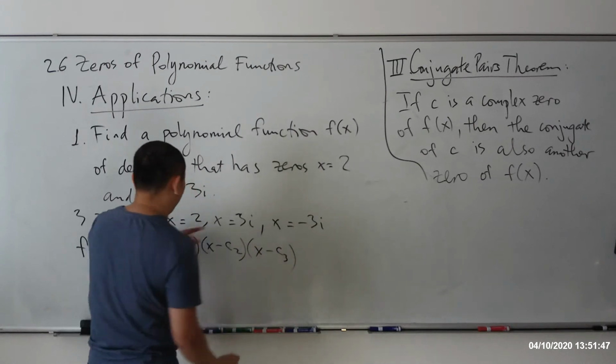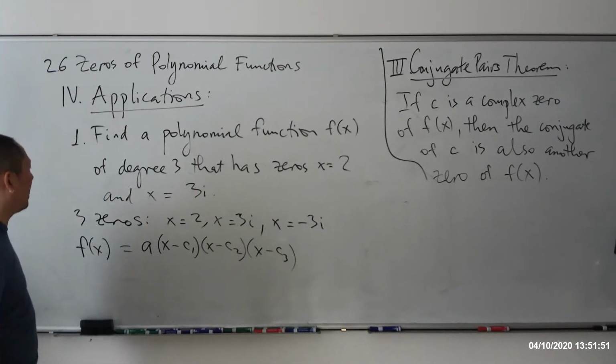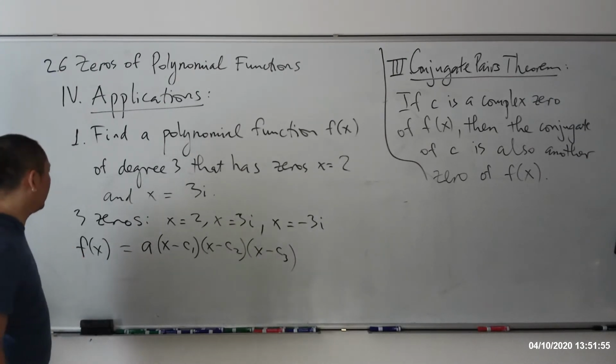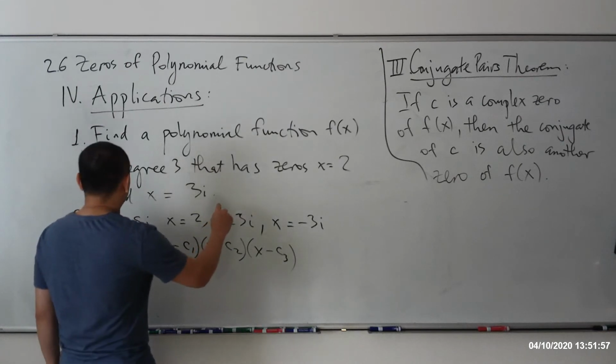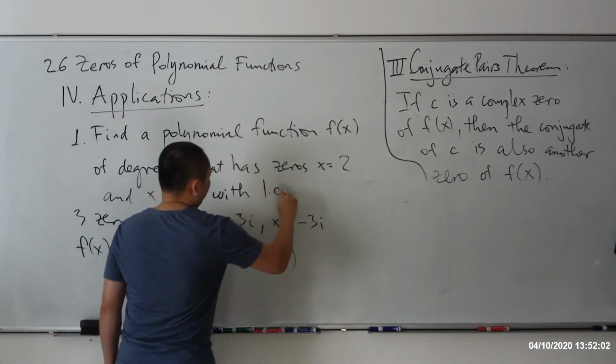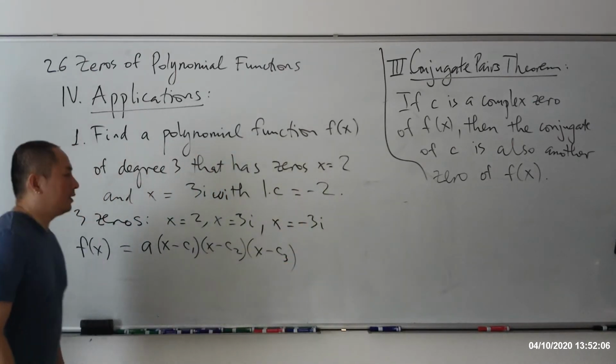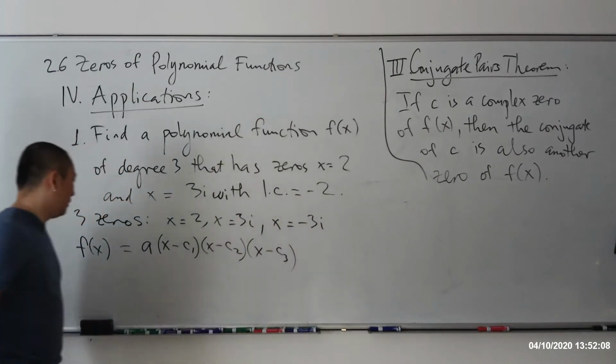I wrote x in there, meaning c1, c2, c3. Oh, I forgot something in the problem, so I have to provide one more piece of information: the leading coefficient. So let me cheat a little and put it here, with leading coefficient equal to, make up a number, how about negative 2? All right, so put it in, because you're going to need that to find the whole thing.